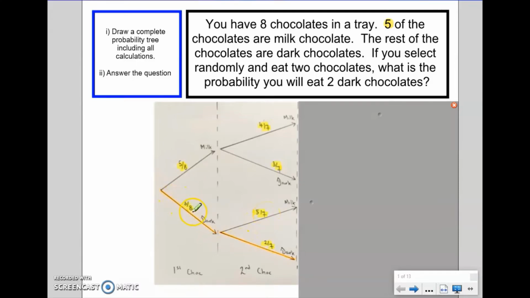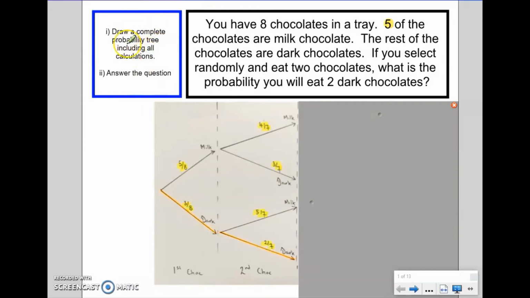If I was to eat a dark chocolate, I started with 3, so I now only have 2 dark chocolates, and I've got 7 in the tray altogether because I've already eaten 1. So again, this probability is affected by what happened on the first pick, what happened on the previous branch. So this probability is dependent on what occurred here.